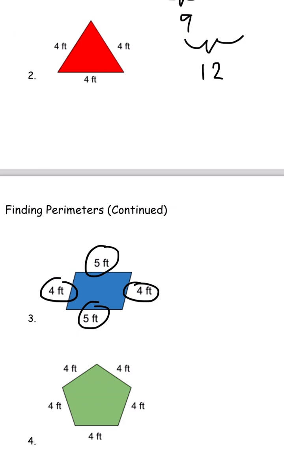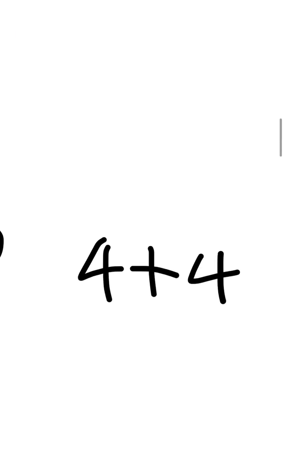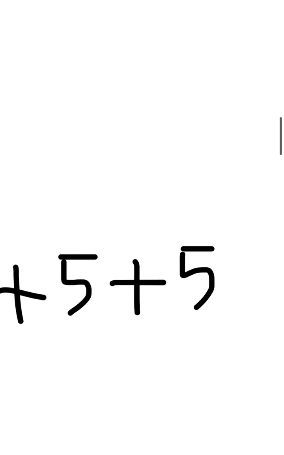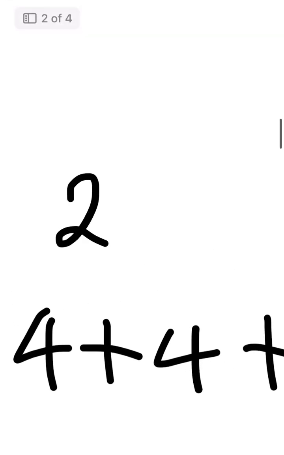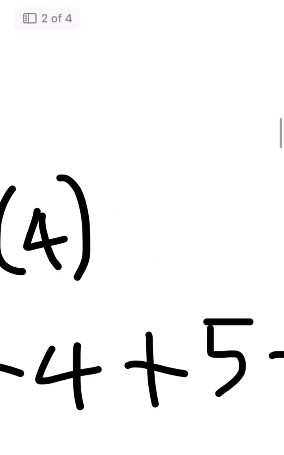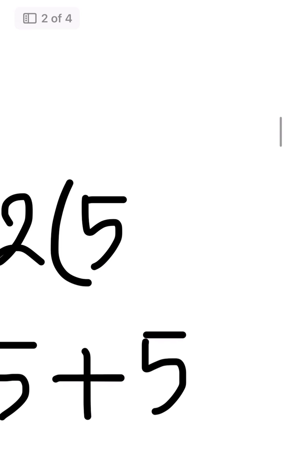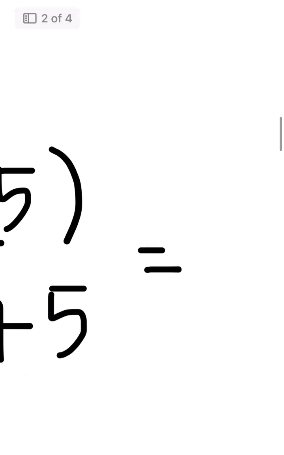Now we have to add all of them to see. So we can add 4 plus 4 plus 5 plus 5. Like I said, we can do 2 times 4 because there are 2 4s and 2 5s, right? And 2 times 5. We can write it this way too.